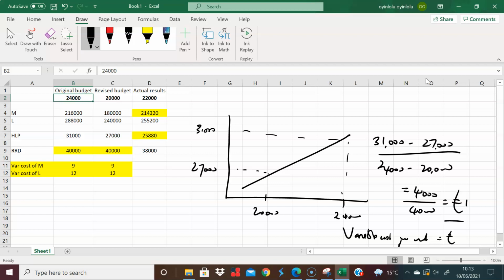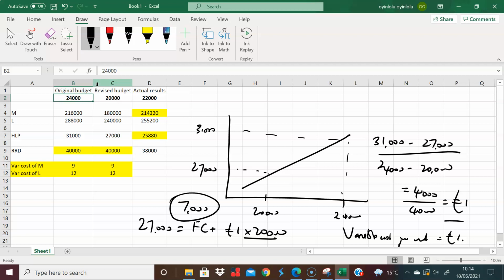is £1. So now that I know that, all I need to do is go back into one of them, of course, and plug in. So if I have a total cost of 27,000, I know that my fixed costs plus my pound times the 20,000 units. And therefore, my variable cost is 20,000, so my fixed cost is 7,000.